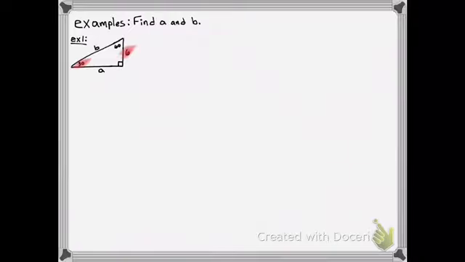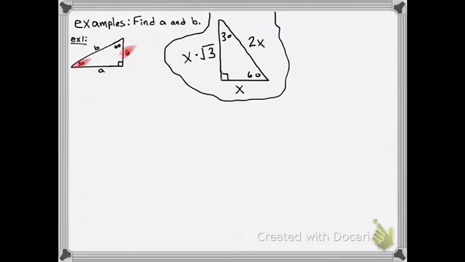So when we look at our 30, 60, 90 triangle, let's go ahead and get that here. And poof, like magic, there it is. Once we have that set up, I've got my 6 that is opposite the 30 degrees, and we can set up exactly what we have. Our x is our 6.